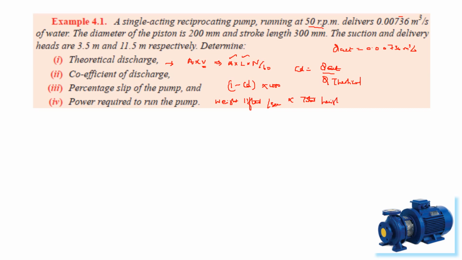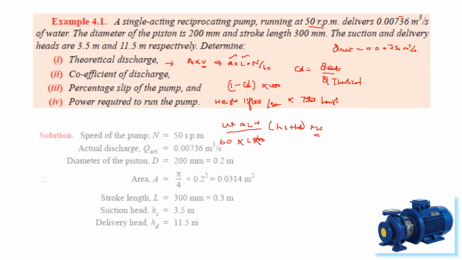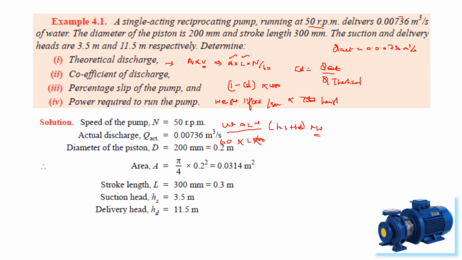To find the weight of water, we use the specific weight of water, ALN divided by 60, into 1000. The total height is nothing but HS plus HD. The unit will be in kilowatts. When you forget to put this 1000, the unit will be in watts. Let me see the values.